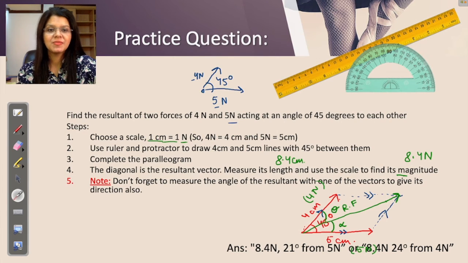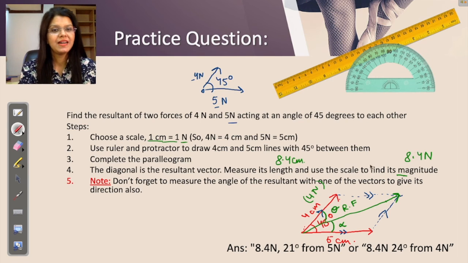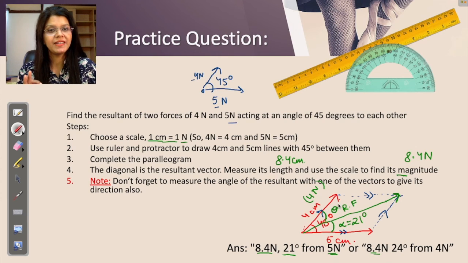So your answer should be something like this: 8.4 newtons at 21 degrees. When I measured the angle here, I got it to be 21 degrees. So either you can say 8.4 newtons at 21 degrees from 5 newtons, or another way of writing the answer would be 8.4 newtons at 24 degrees theta.